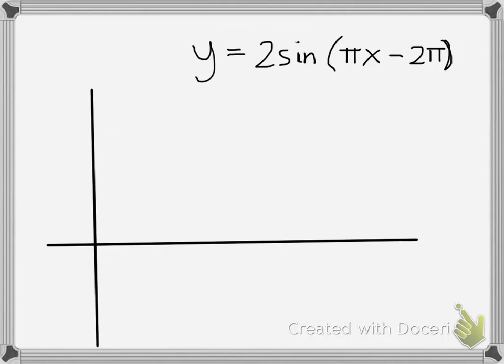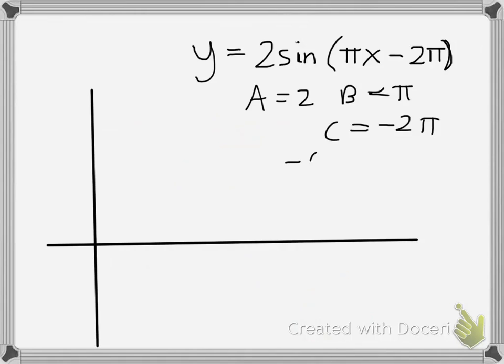So let's start by finding where the wave starts. The wave will start minus c over b units. In this case, a equals 2, b equals pi, and c equals minus 2 pi. And remember, the wave always starts minus c over b units from the origin.